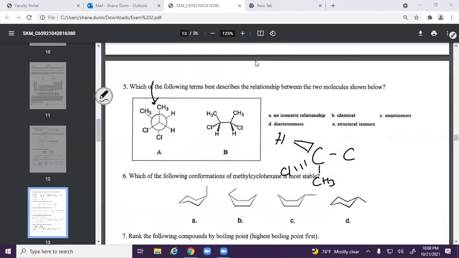On the back carbon, we also have a dashed CH3, a normal Cl, and also a wedged hydrogen. Now it's not drawn accurately, but it should work. Technically, if you want to make it better, that's going down, this would go up, so it would affect it. Hate Newman projections.